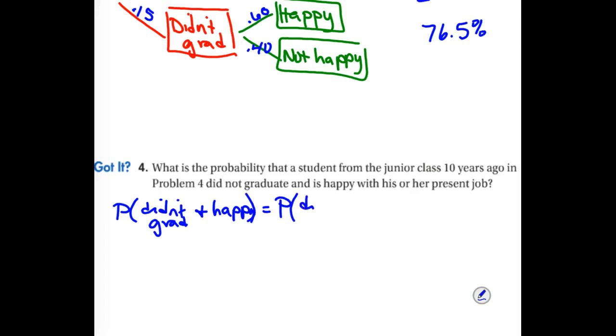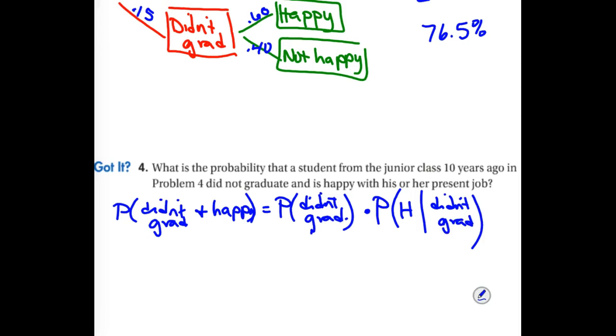Didn't graduate, times the probability that they are happy given that they didn't graduate. Okay?